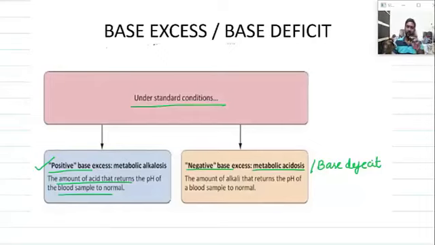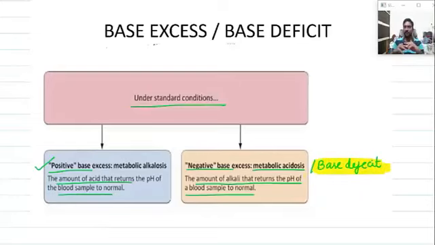So here, to make it normal, an alkali should be added. So the amount of alkali that should be added to return the pH of a blood sample to normal is nothing but base deficit. What is clinically relevant is always base deficit in your practice.